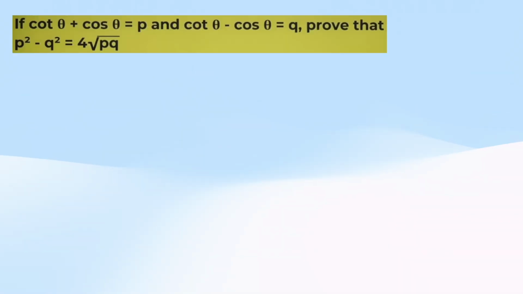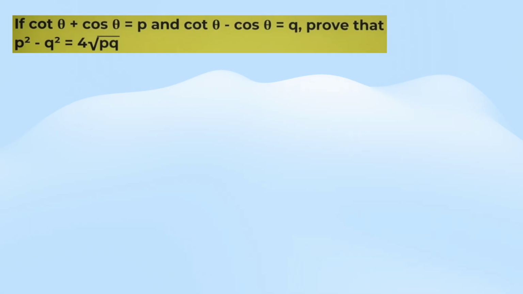Alright. Now let's solve this question. In this question, what is given? Cot theta plus cos theta is given as p, and cot theta minus cos theta as q, meaning the plus of two things and the minus of two things. Here they are asking to prove p square minus q square equals 4 root pq.